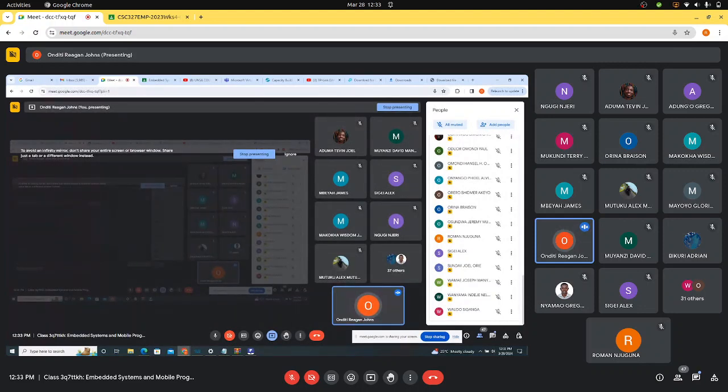I expect that the projects should begin so that we do not have a problem whereby when we're about to start our assessment, somebody will say, I was not able to join a group. So that needs to be fixed today. By end of today, I would want to receive that list, which is sealed, so that we start moving on with the projects.